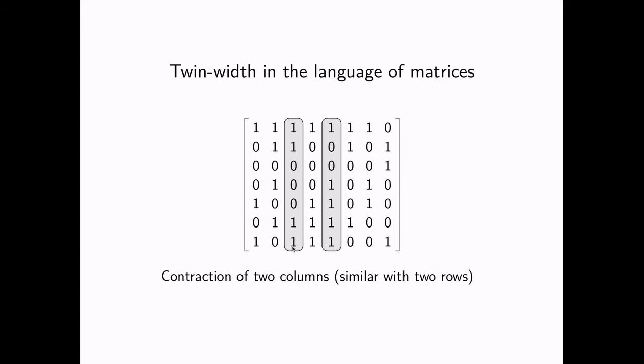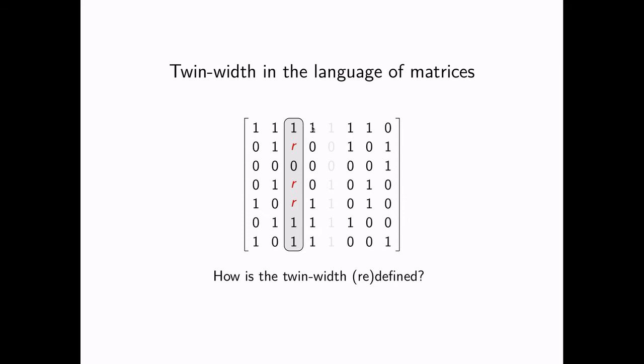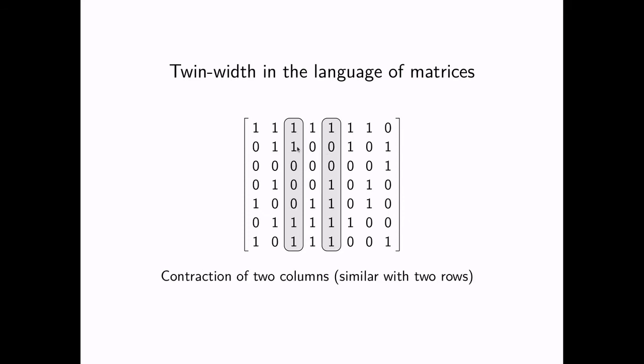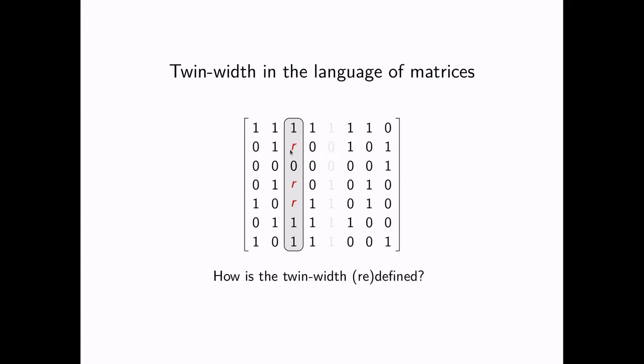Here you see the adjacency list of a vertex, same here. Whenever they agree on the adjacency, you put the same value. And when they disagree, like for instance 1 and 0, we put an error symbol. So we're basically doing that. Now the twin-width, you would read it as the maximum number of error symbols in one column or in one row.